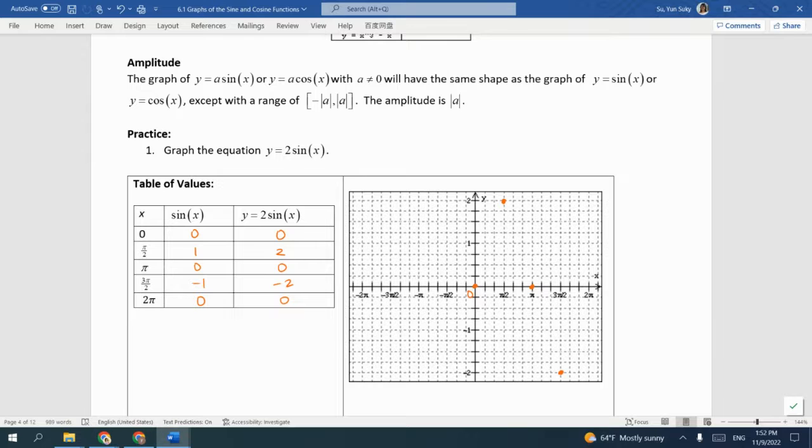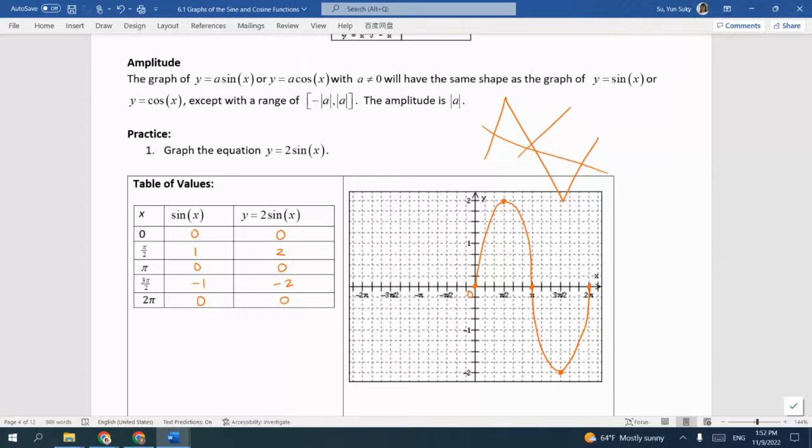When x is 2 pi, we also get 0. Okay, connect them smoothly. By the way, when you connect them, don't draw this. Promise me you won't draw line segments. Connect them smoothly. Okay, so this is the graph of 2 sine x.